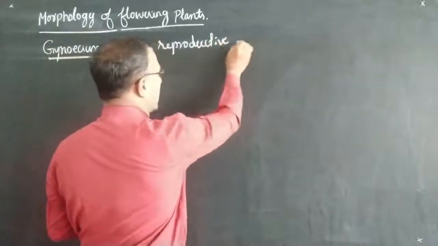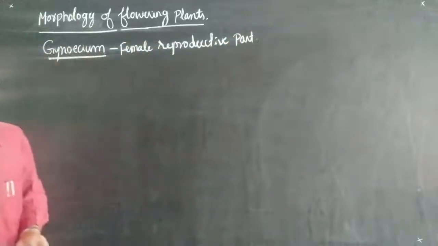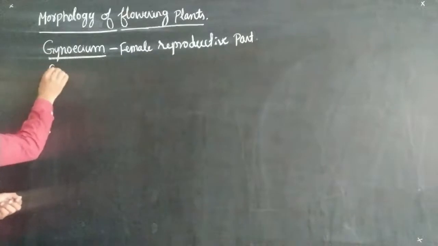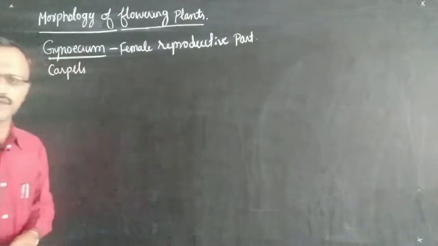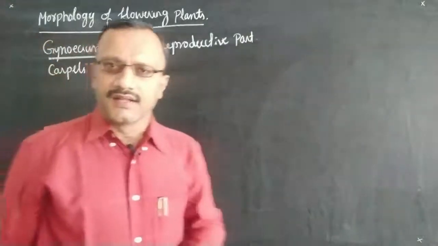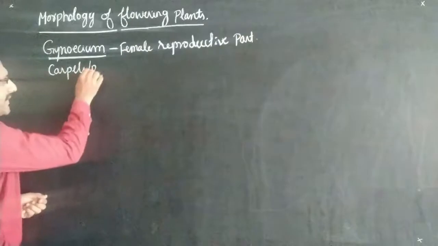So it is the female reproductive part of the flower, which is made up of units called carpels. It is made up of unit called carpel. Carpel is otherwise also called as pistil.